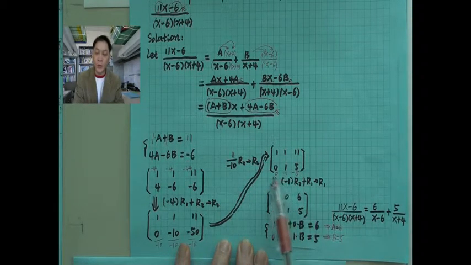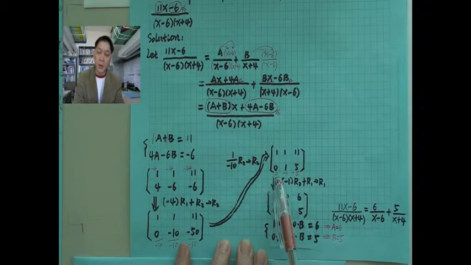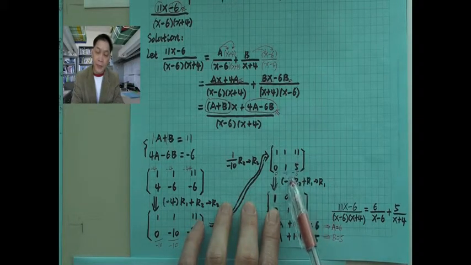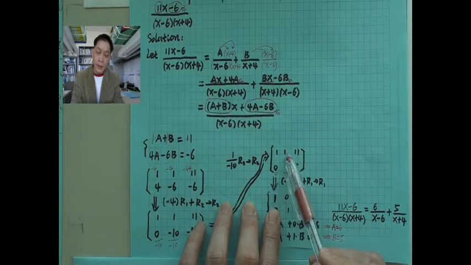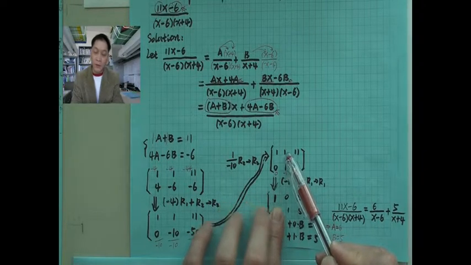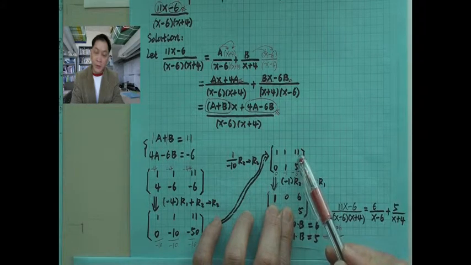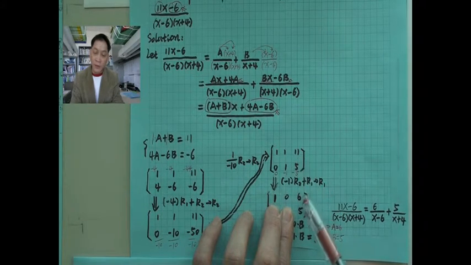Then we add this red row to the first row. 0 plus 1 is 1. Negative 1 added to positive 1 gives 0. Negative 5 added to 11 gives 6.